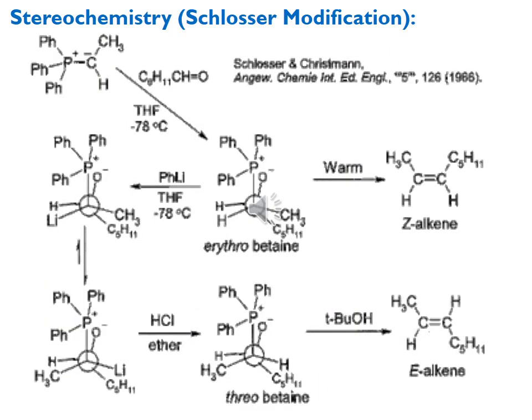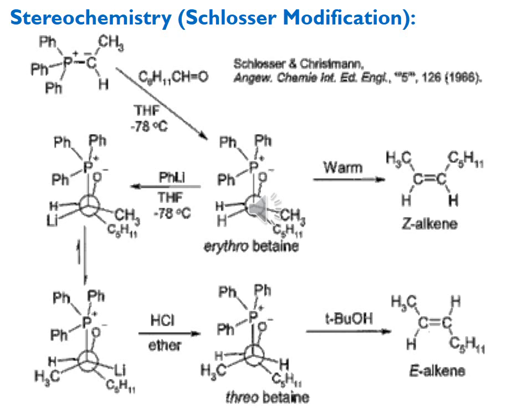Here is the overall reaction for the Schlosser modification. You can see here is the halide which reacts with this aliphatic aldehyde in tetrahydrofuran at minus 78 degrees C to produce erythro betaine. Erythro means similar groups are on the same side. If we warm it, we get Z alkene, that is similar groups are on the same side.